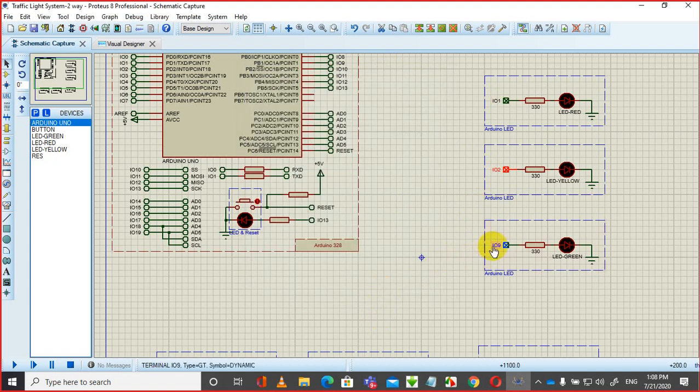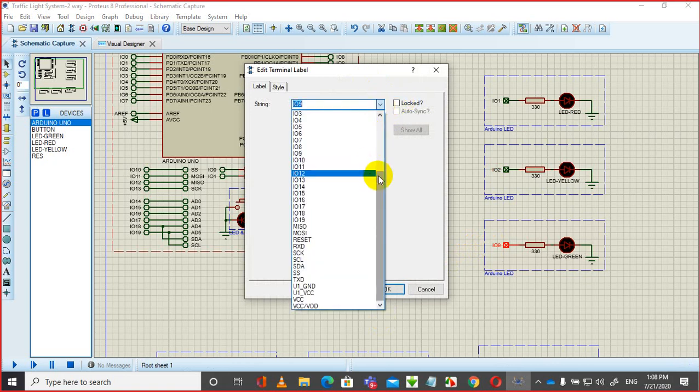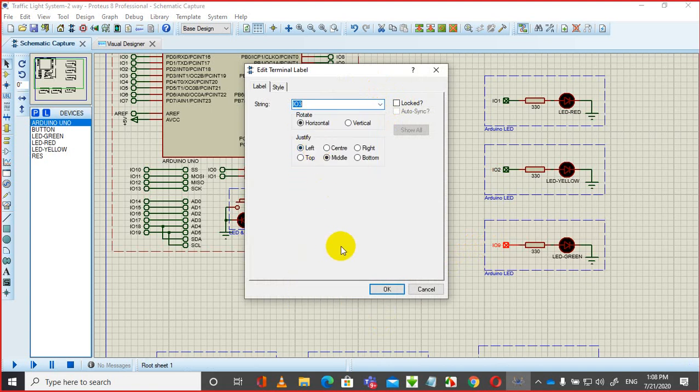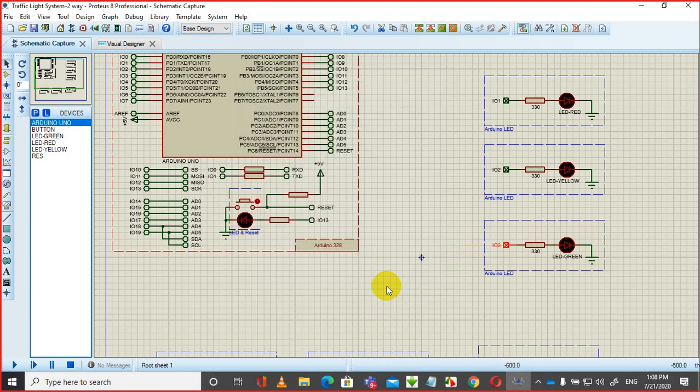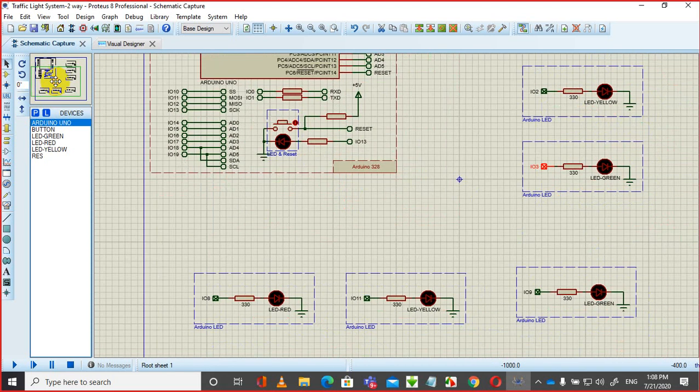Then pin number 3 for the green of the first lane. Again for the second lane, make it simple like this: 4, 5, 6.